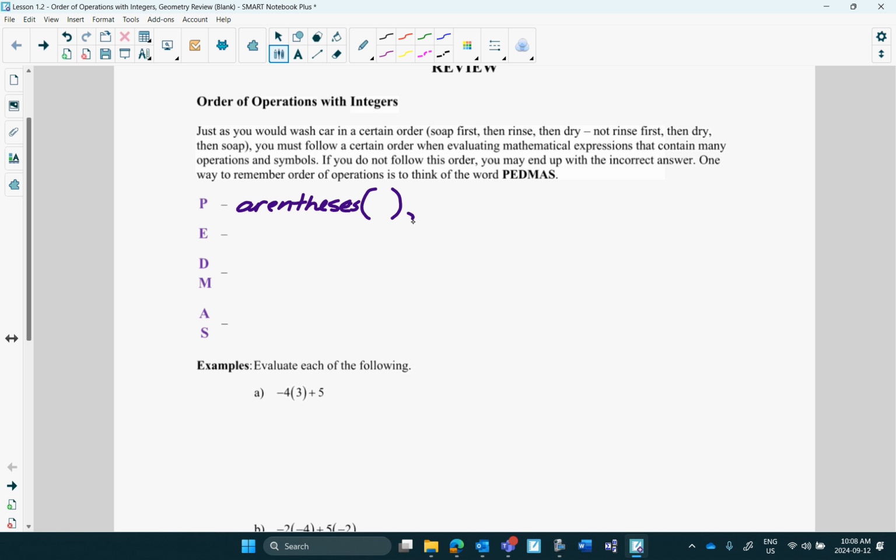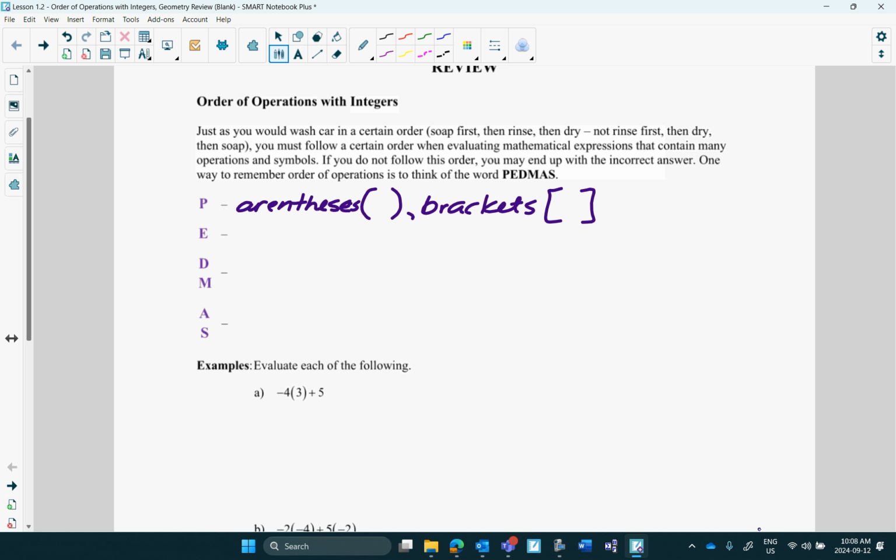And including your parentheses, because sometimes you may see these, are brackets. Brackets are the square ones. So when we look at a question, we look for parentheses and brackets. We see if there's anything to do inside. We're not going to look at these just yet, but we're going to look at them later.